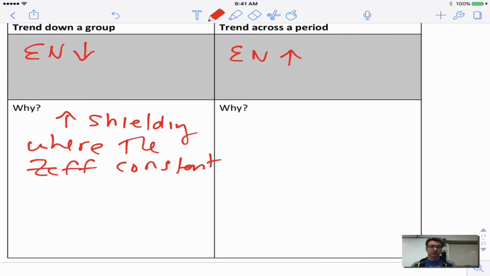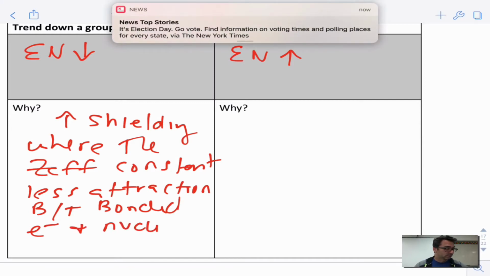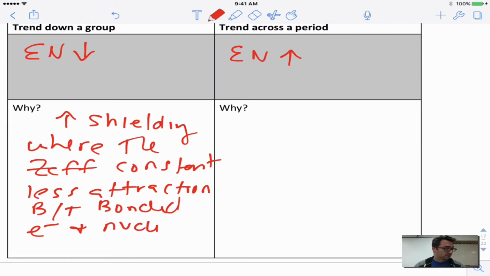So because of this increase in shielding and this basically constant Zeff, you get less attraction between bonded electrons and the nucleus. That's what's going on where we have this increase in shielding and this same Zeff when we go down a group.